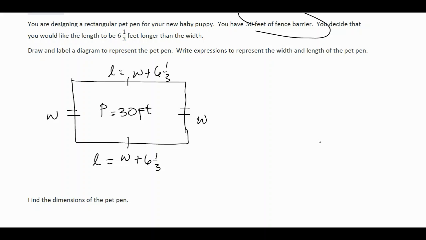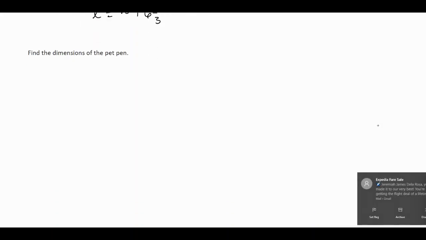All right, before we proceed, let us change the 6 and 1/3 into an improper fraction. So it's going to be W plus 6 times 3 is 18 plus 1 is 19 over 3. Find the dimensions of the pet pen.